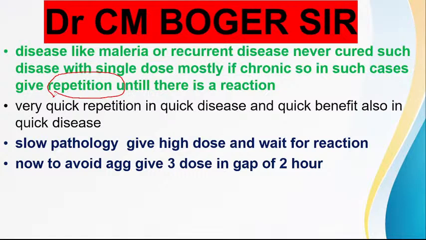So according to Dr. Boger sir, if the disease is so sharp and quick in nature, then the medicine chosen should also be very fast, the repetition in those cases should also be fast, and the cure, the benefit in such cases should also be fast. All the reaction will be according to the disease portion.